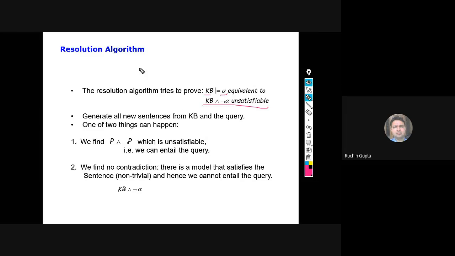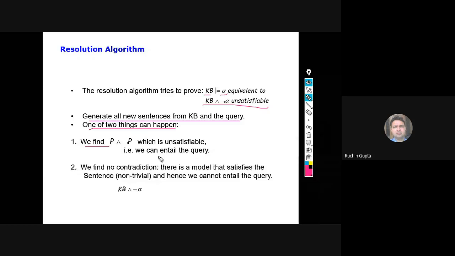This resolution algorithm is capable of generating all the new statements from the knowledge base. So two things may happen. One is that we find P and negation of P, which is unsatisfiable.